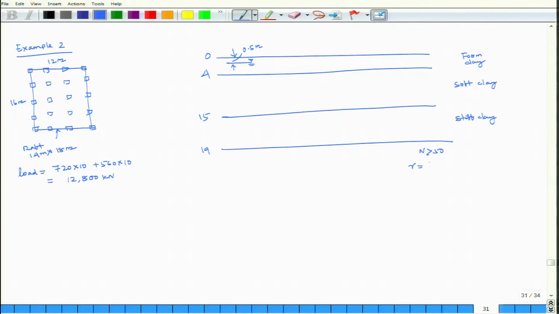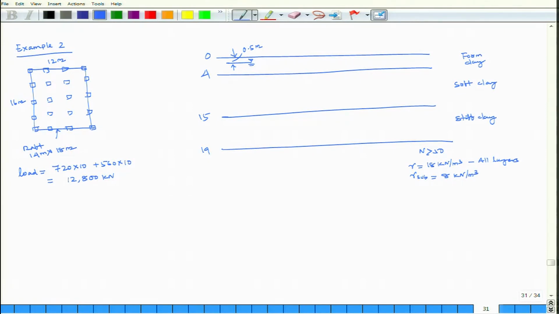Gamma value is given 18 kilonewton per meter cube for all 3 layers, for all layers, and gamma submerged is given 8 kilonewton per meter cube.